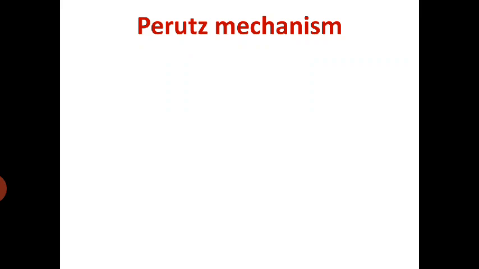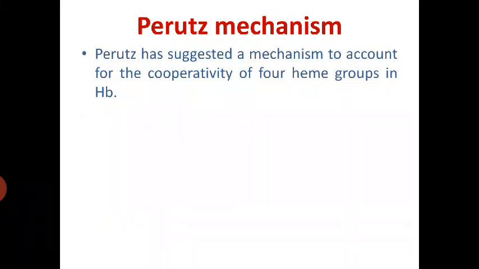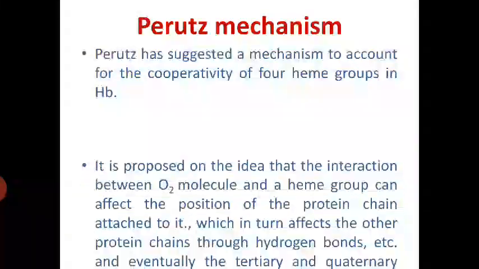which we can explain in the name of Perutz mechanism. So Perutz has suggested a mechanism to account for the cooperativity of 4 heme groups in hemoglobin. To understand the interaction between oxygen molecule and heme, and of course its influence on the protein chain, we need this Perutz mechanism. So British biochemist Max Ferdinand Perutz has suggested a mechanism to account for the cooperativity of 4 heme groups in hemoglobin.